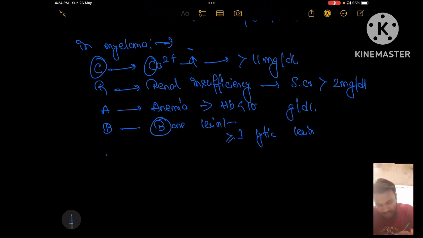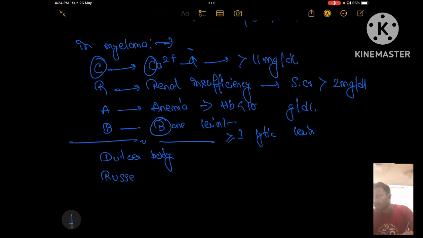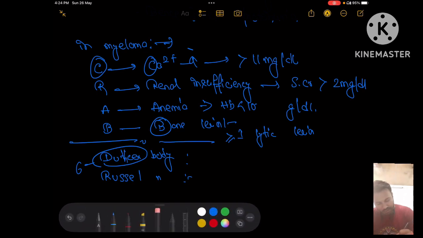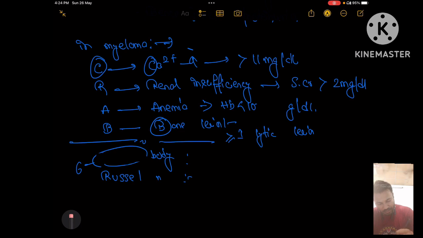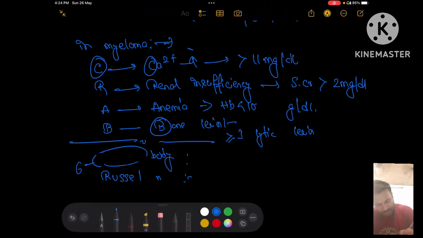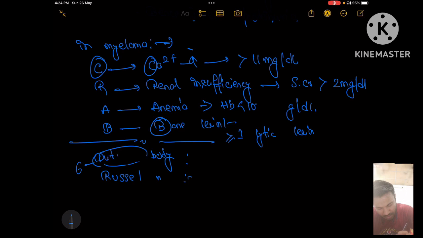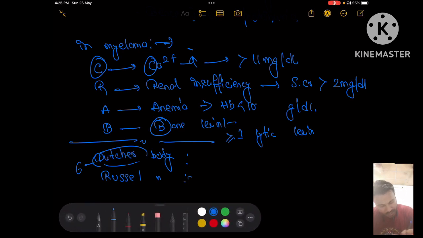Number one, Dutcher body, and Russell body. In Dutcher, the letters are 7.